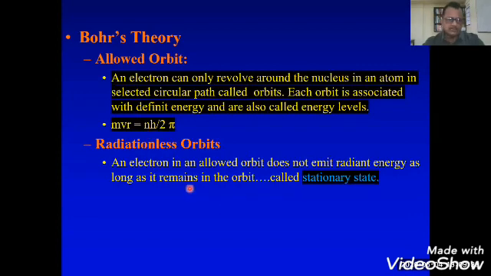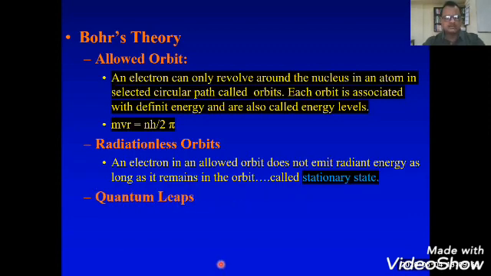And secondly, Bohr postulated that when an electron moves in an orbit, it will not lose any energy, nor will it gain any energy. So they are also called stationary states.